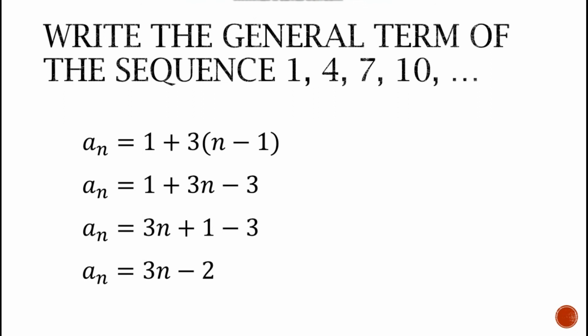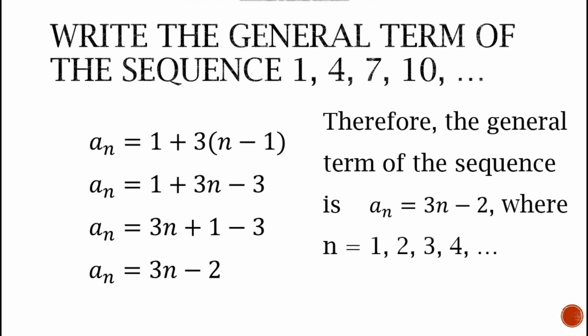Next, simplify. We have a sub n equals 3n minus 2. Therefore, the general term of the sequence is a sub n equals 3n minus 2, where n is equal to 1, 2, 3, 4, and so on.